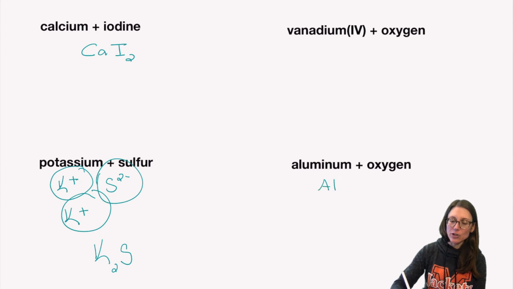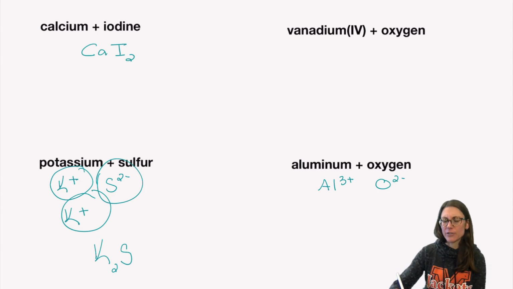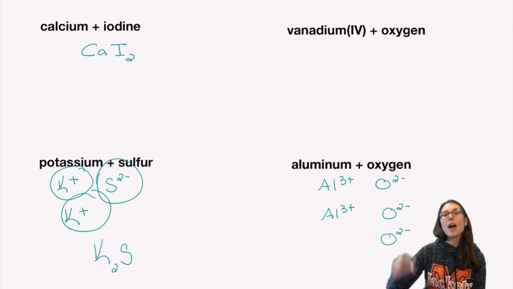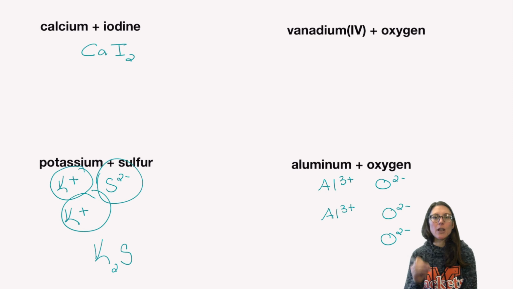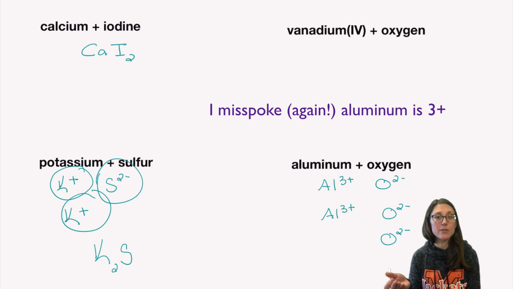Aluminum has a charge of +3 and oxygen has a charge of -2. Well, I don't have enough negative charge, so I'm going to need to add another oxygen. Shoot, now I don't have enough positive charge. I'll have to add another aluminum. Drat, still now I've got too much positive. I need another negative. Okay, now I'm even. I want you to notice that aluminum had a charge of +3, oxygen had a charge of -2.